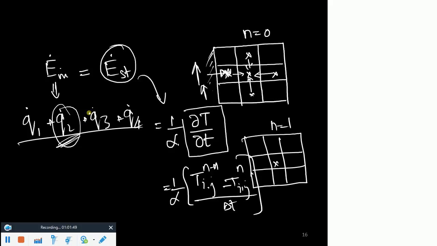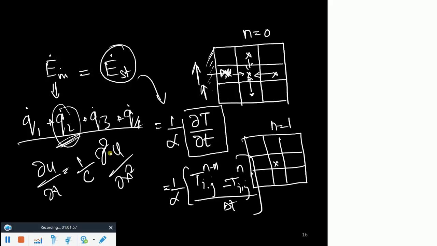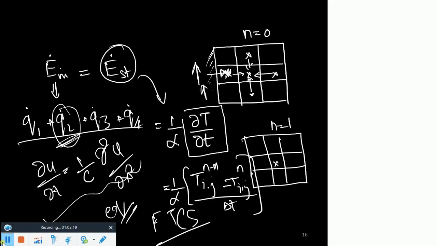For example, if I ask you that partial u by partial t equals 1 by some parameter, partial square u by partial x square, and I say this is one equation, can you apply FTCS scheme over there? You can apply that, but would it be like energy balance? Not at all. This is some other equation. The physical description of this equation is something else. Okay, any other question?